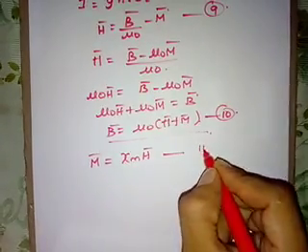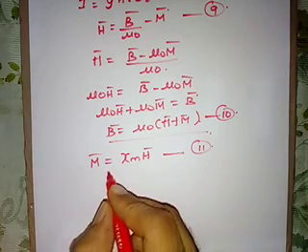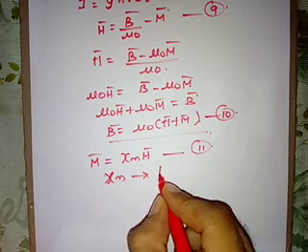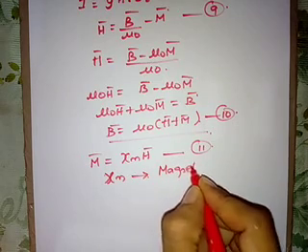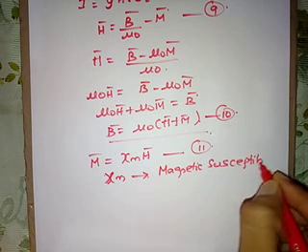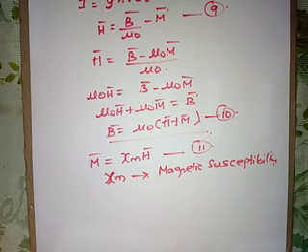Xi m is called the magnetic susceptibility of the medium. This susceptibility measures how much the material is susceptible to the magnetic field.